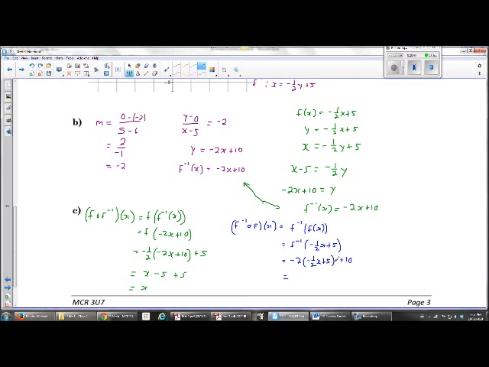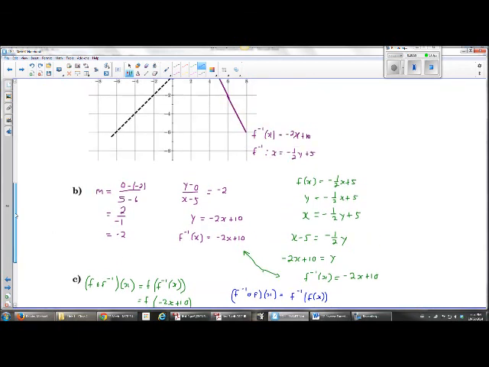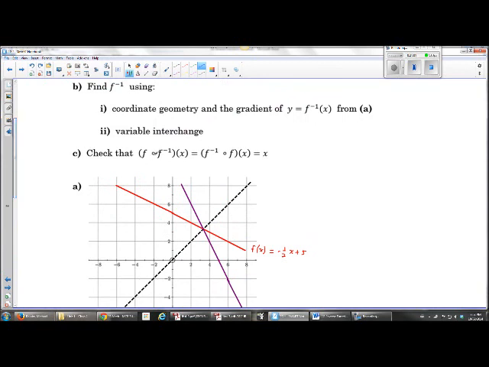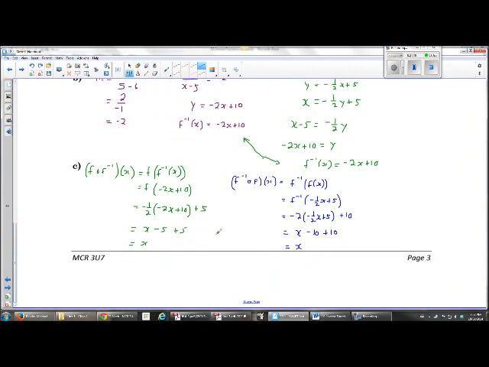Then I multiply this negative 2 in, so we get x minus 10 plus 10 equals x. So therefore, it has been confirmed that f composite f inverse of x equals f inverse composite f of x, which equals x. Both of those have been confirmed down here.